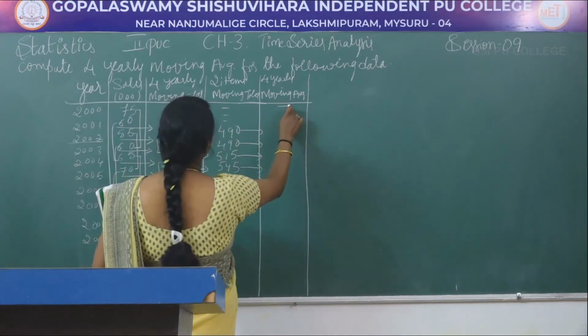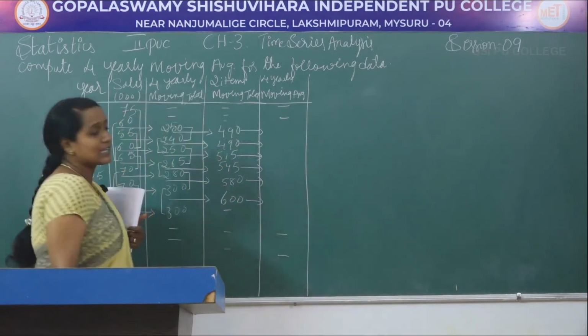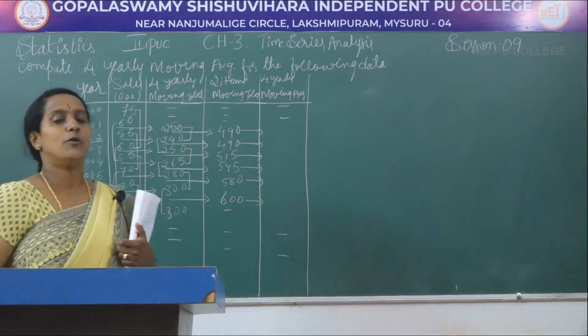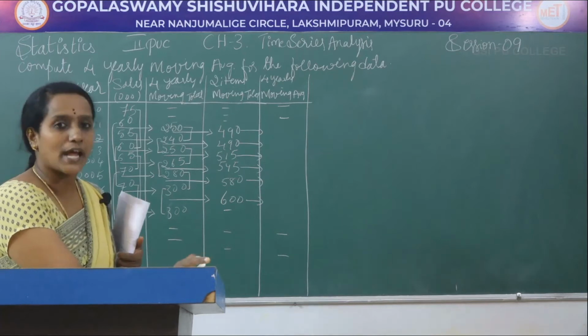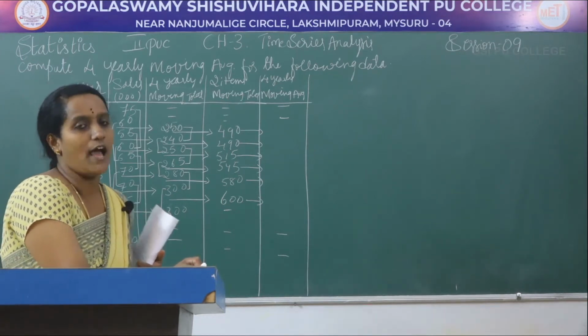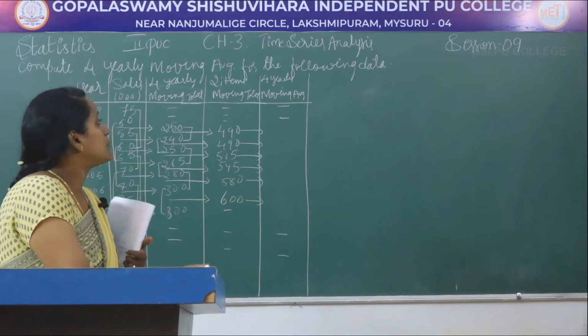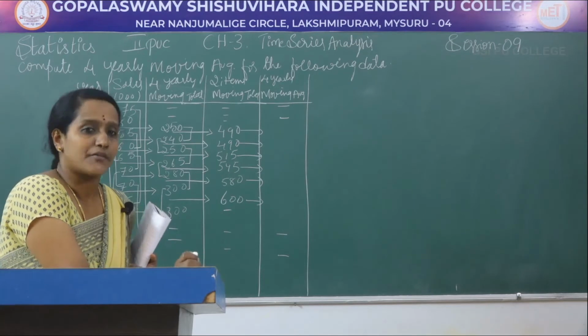So the first 2 will be blank and the last 2 will be blank. In the last column only you will get the clear position. Before that you have to write the numbers correctly with the position values when you are adding, so that your trend value or average column will be correct.